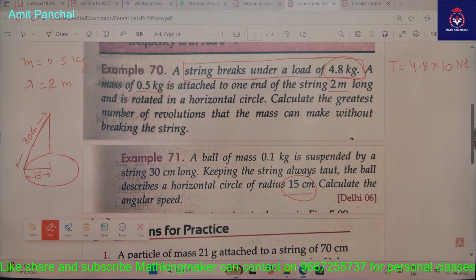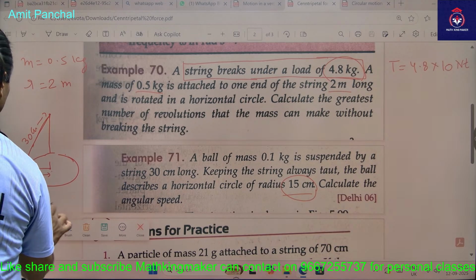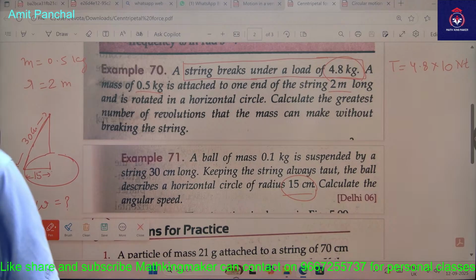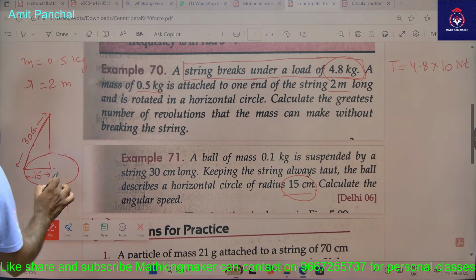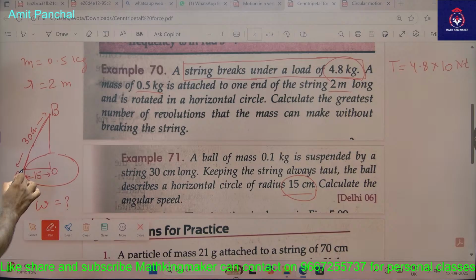Calculate the angular speed. That means omega you need to calculate. Now just check, if it is at this point, how many forces are there? At point A, how many forces are there?